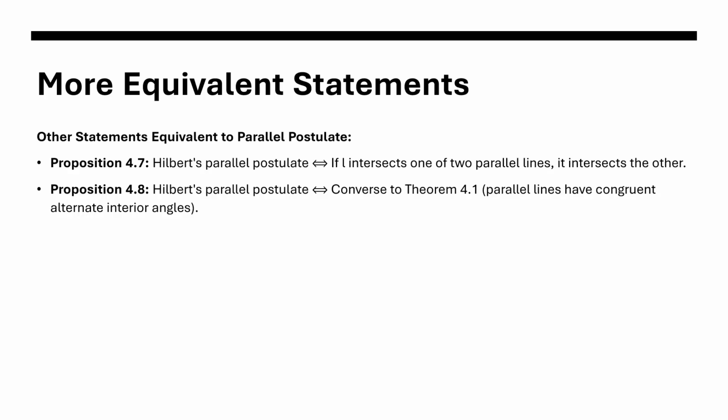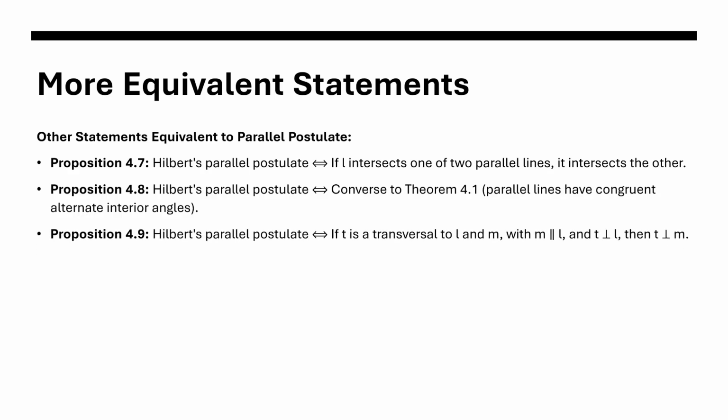Okay, let's have proposition 4.9. Hilbert's parallel postulate is equivalent to: if T is a transversal to L and M, with M parallel to L and T perpendicular to L, then T is perpendicular to M.